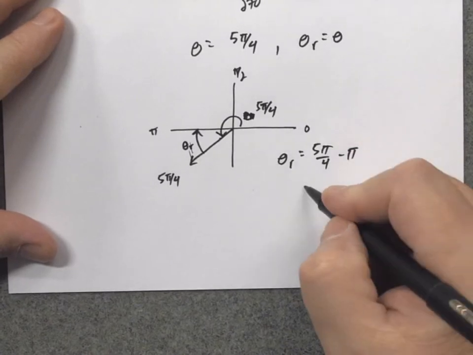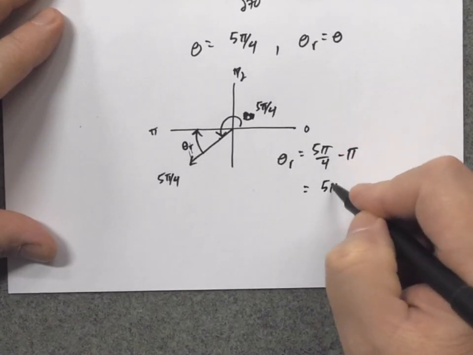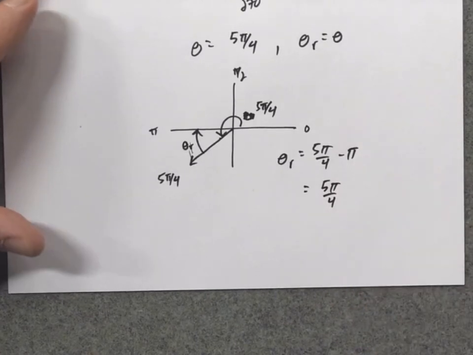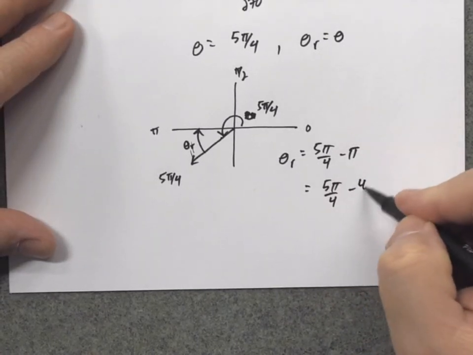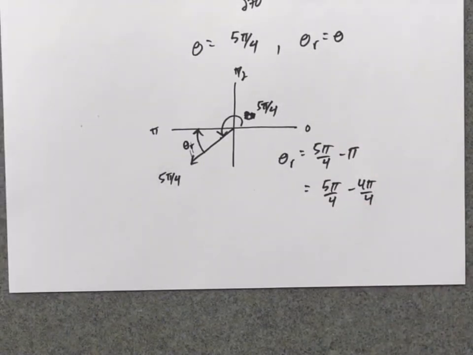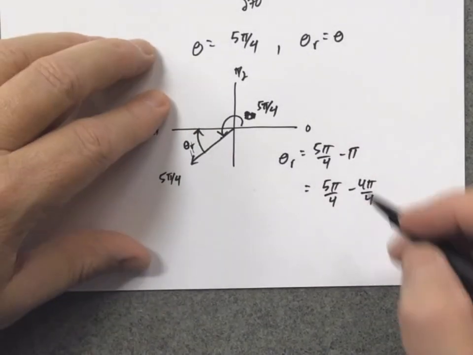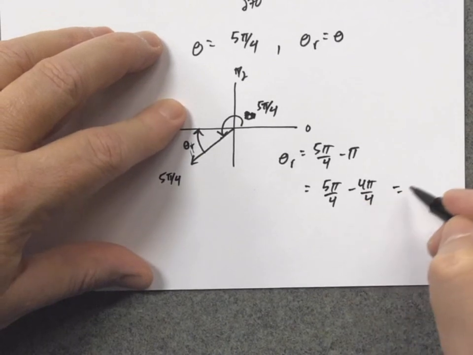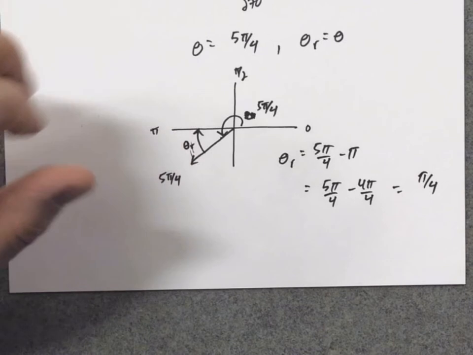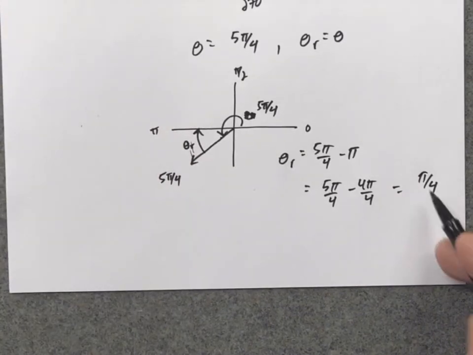And once again, in order to combine these, I need to convert this into a fraction. Pi is the same thing as 4 pi over 4. And now that I have a common denominator, I realize that my reference angle is pi over 4. All right, maybe do one last one of these.